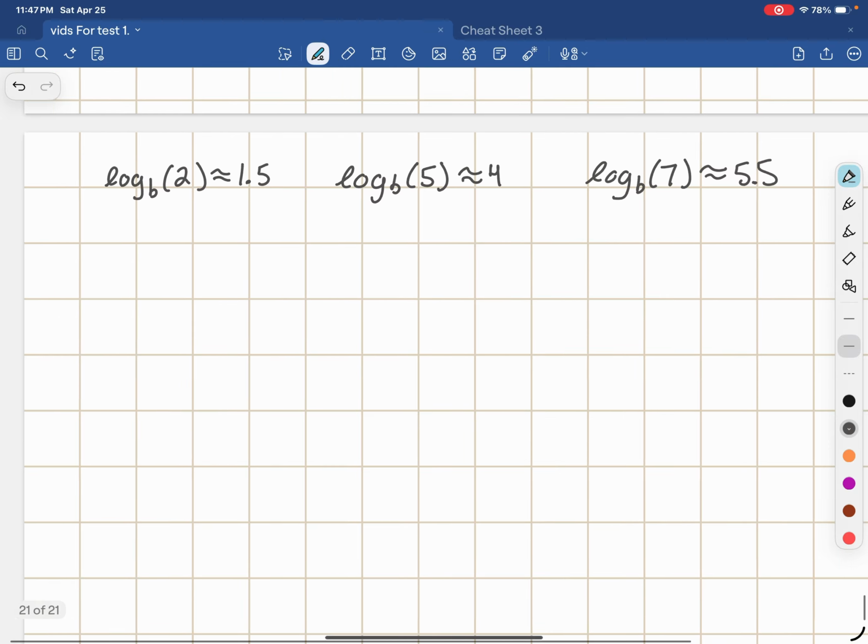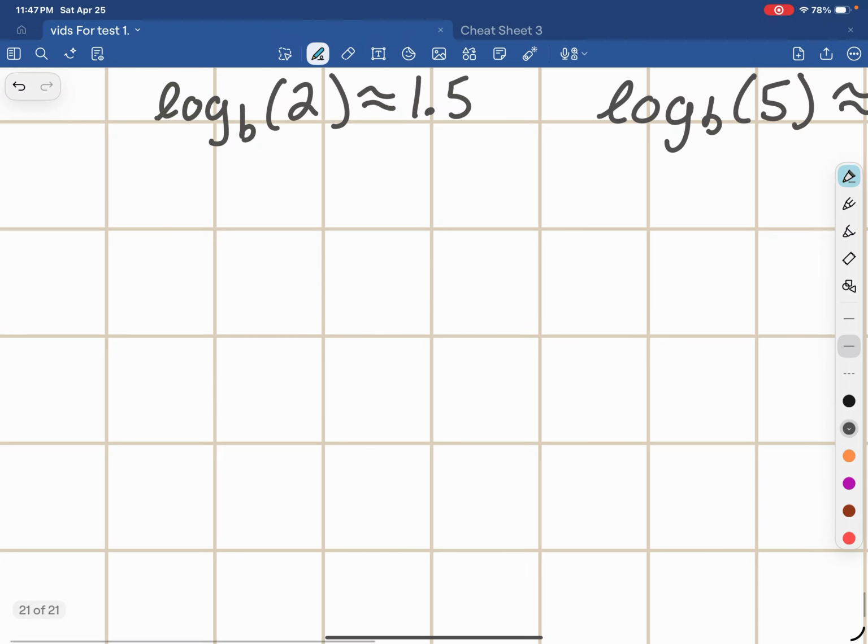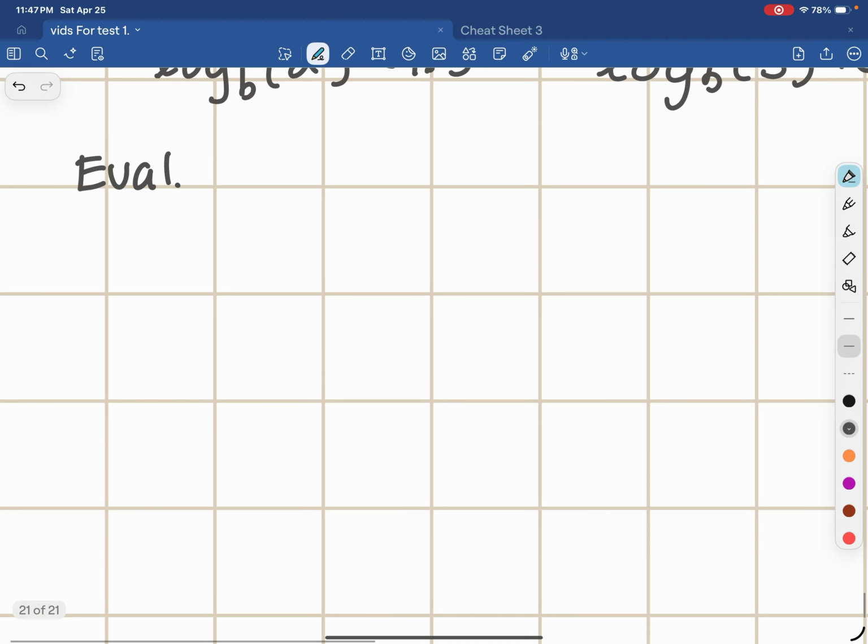And then our expression that we actually have to evaluate using properties is log base 5 of 784. What is that equal to?